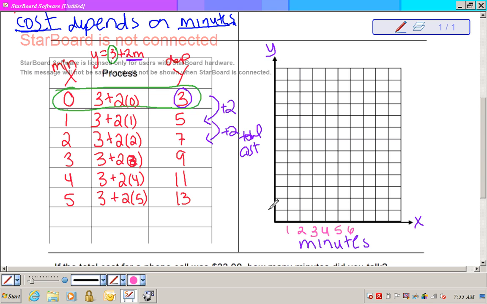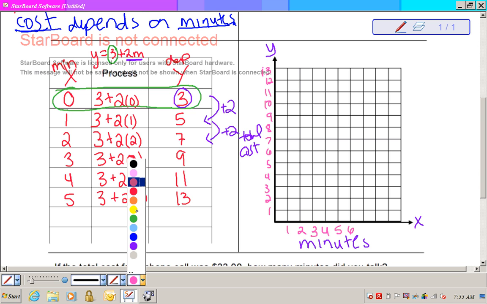For the y, I can't go by 3s because this would be 3, 6, 9, and I've got a lot of numbers in between. So I'm actually just going to go by 1s. You could go by 2s, 3s, whatever you like. I'm going to stick to 1s. Now we're just going to plot these points.